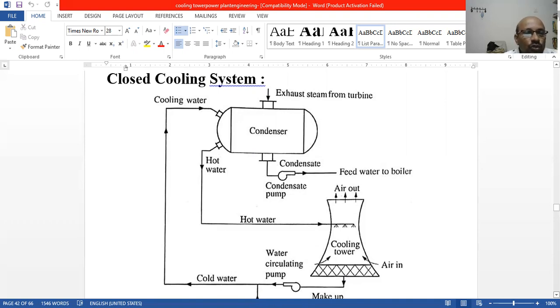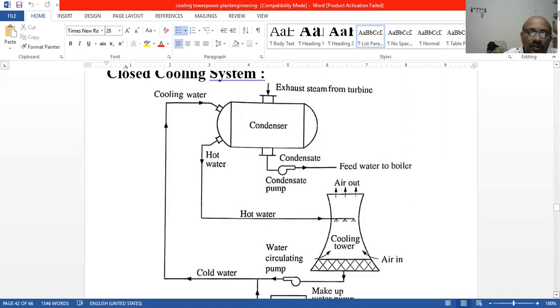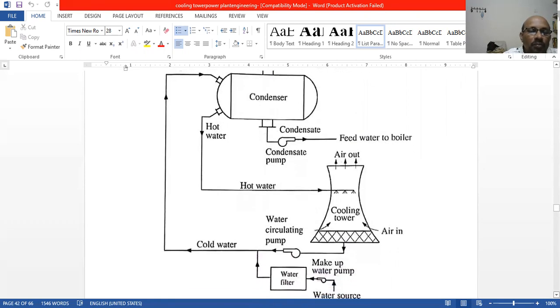In this closed loop system, the makeup water pump extracts water and sends it through the water filter from the water source.